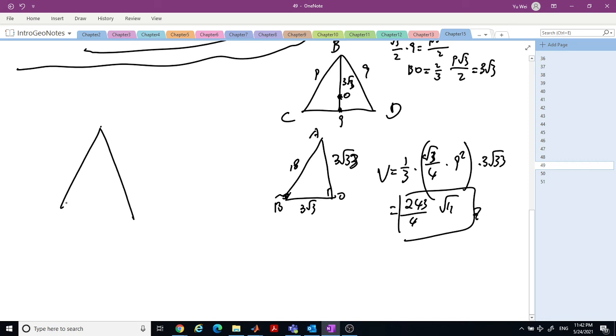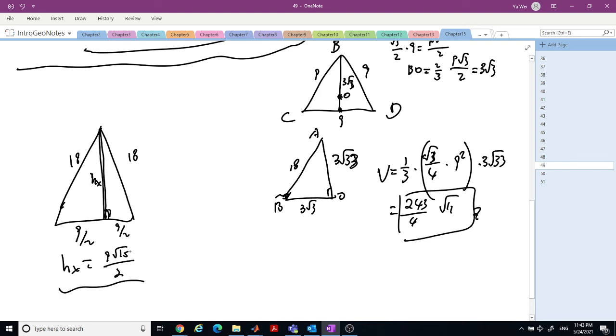So we have 18 and 18, and 9 over 2 and 9 over 2. Now we can calculate the side surface. Let's calculate this height h. The h is equal to 9 root 15 over 2.